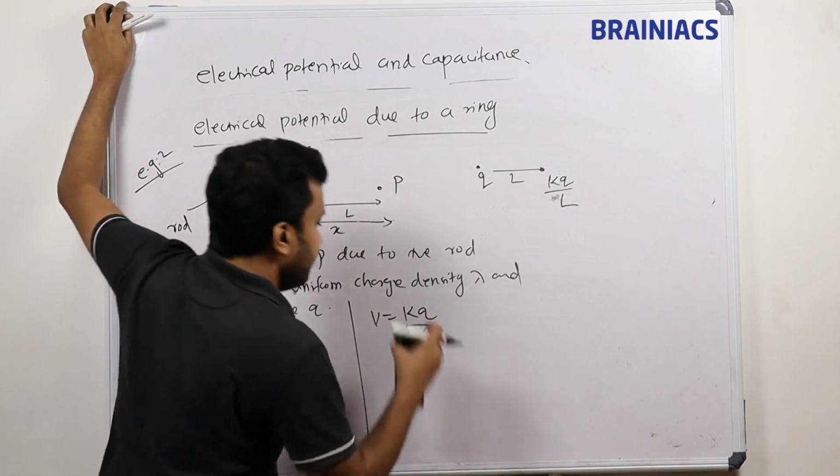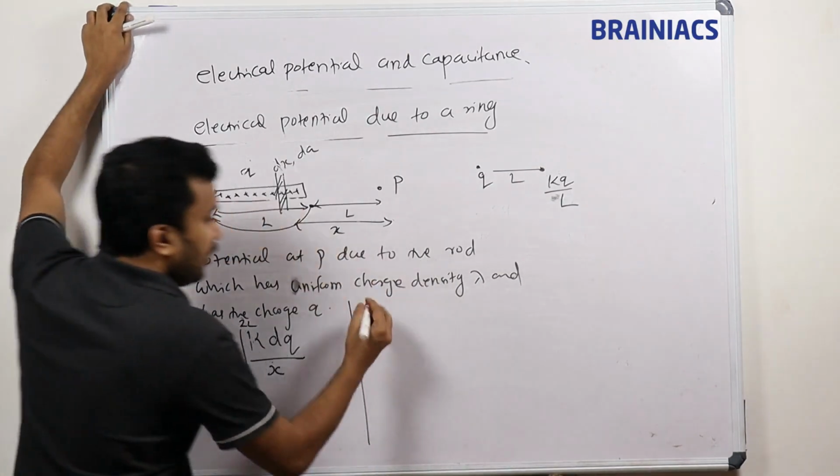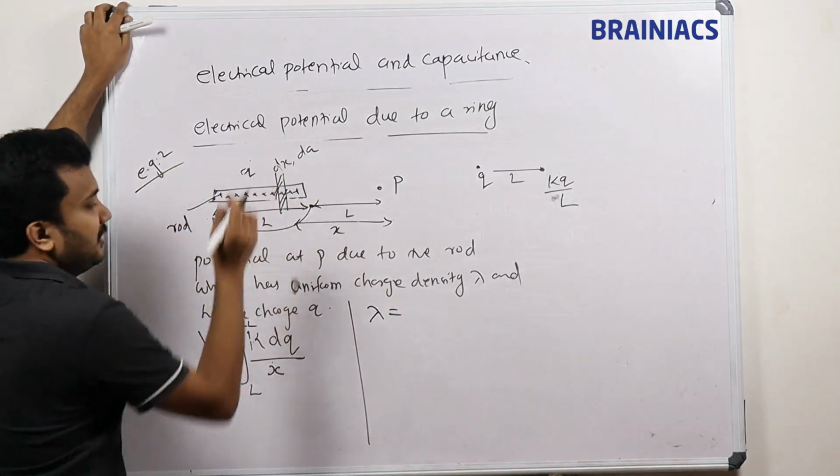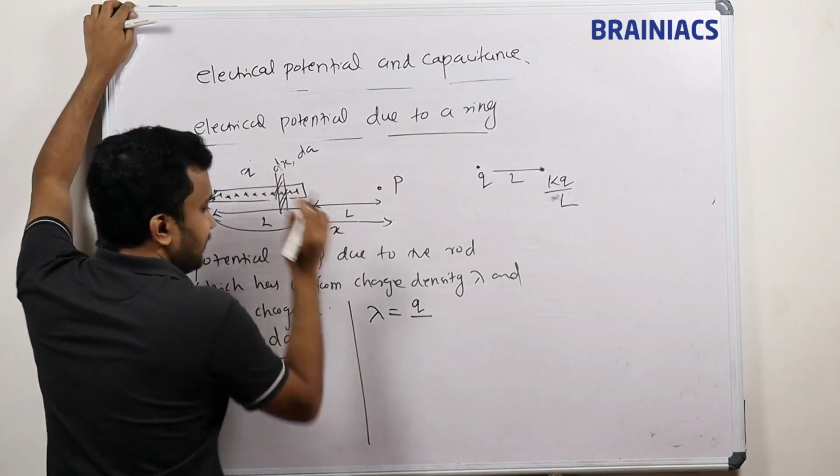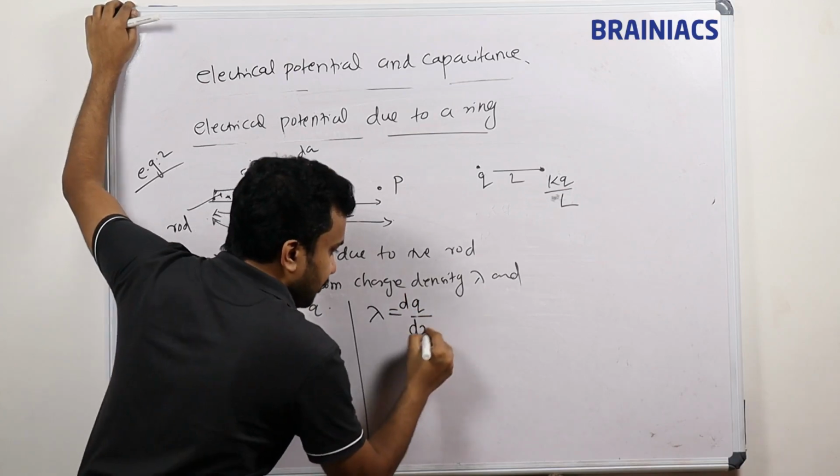Now what is lambda for this one? Lambda for this segment is charge divided by length. Here dq charge will have a length of dx.